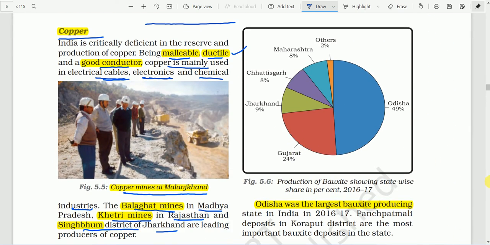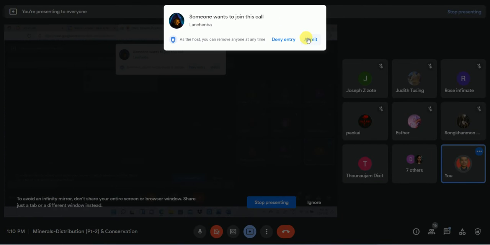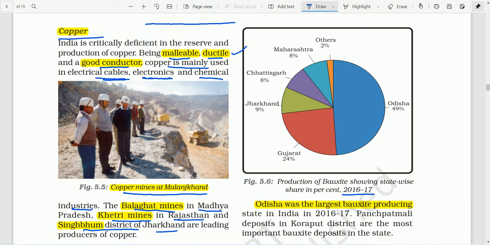And this pie chart represents production of bauxite state-wise in the year 2016 and 17. And from this, we know that the largest producer of bauxite is Orissa, 49% of the total production of bauxite in India. Then comes Gujarat here 24%.